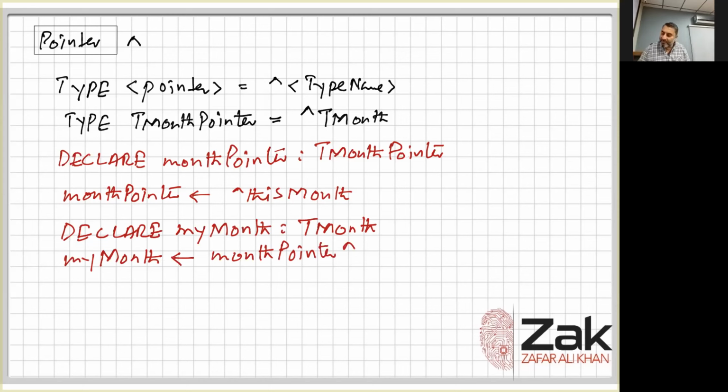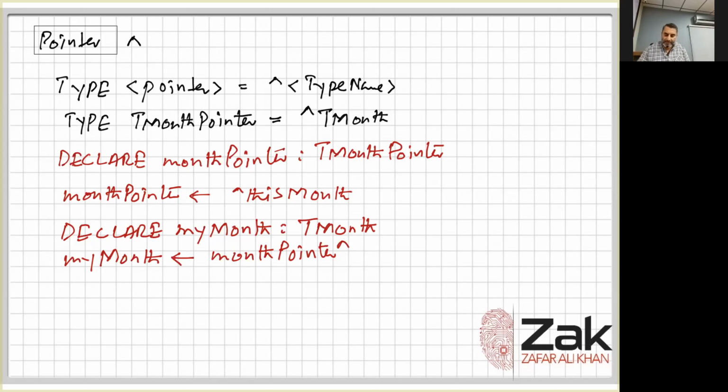So using the cap afterwards is dereferencing, meaning MonthPointer has been dereferenced. Dereference means whatever data is at this location will be placed in MyMonth. So MonthPointer is the address of ThisMonth, and if we dereference MonthPointer, the data at this location will go to MyMonth.